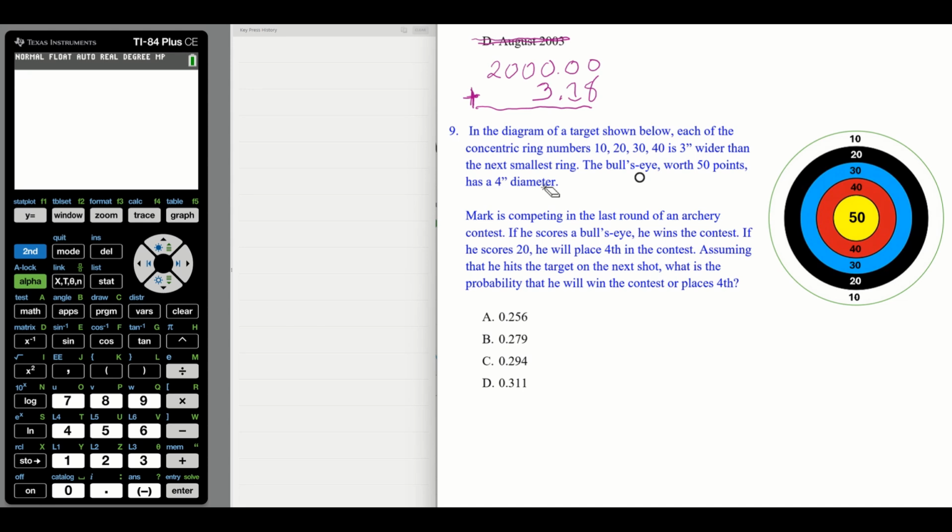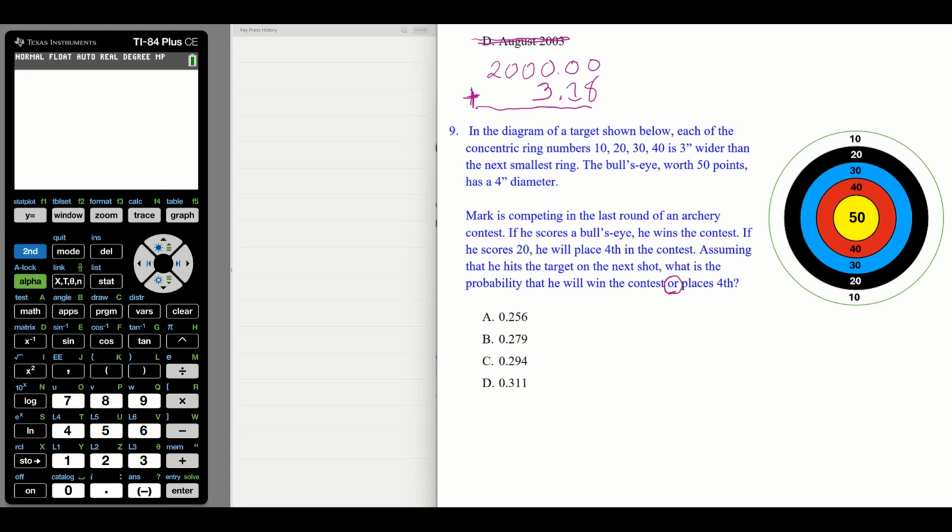If he scores a bullseye, he wins the contest. If he scores 20, he will place 4th in the contest. Assuming that he hits the target on the next shot, what is the probability that he will win the contest or places 4th? Okay, let me circle that or.